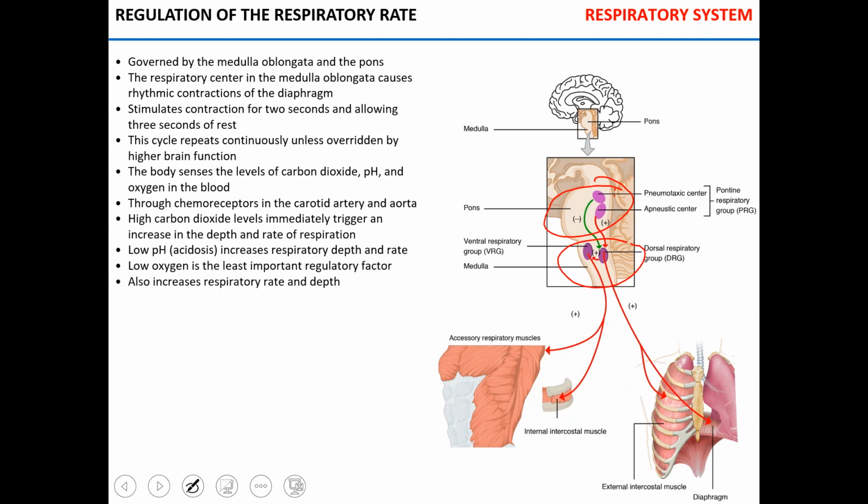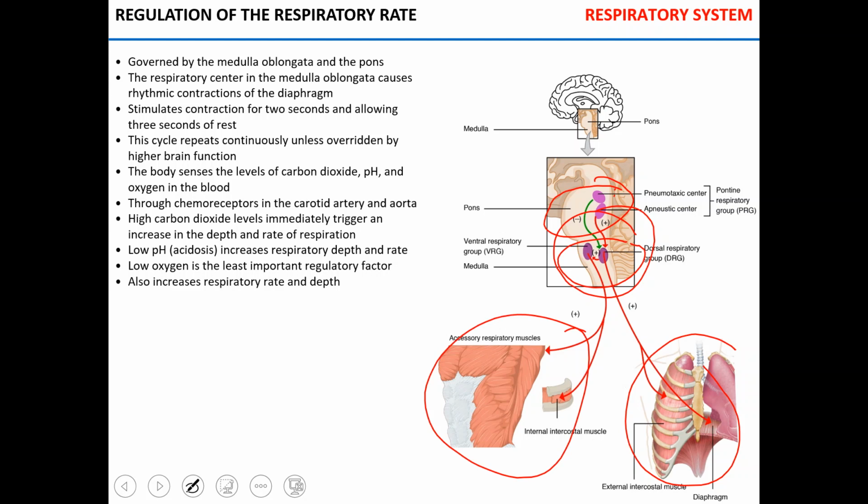So chemoreceptors in the aorta and carotid artery sense the levels of these chemicals and send signals to the brainstem. In response, brainstem sends the output signals to the muscles, and the muscles increase rate of respiration and depth of respiration.